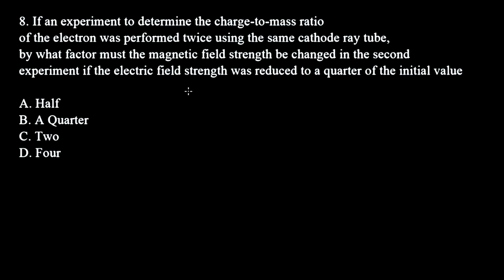Looking at this question, the charge to mass ratio equals E over B squared r. In this experiment, the magnetic field strength B1 is B and B2 is unknown.